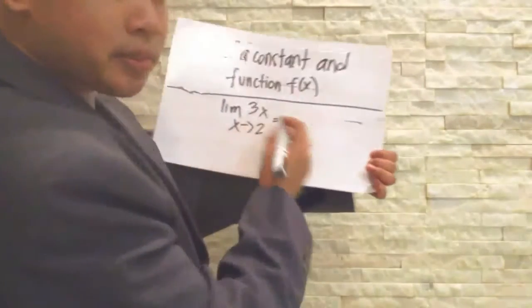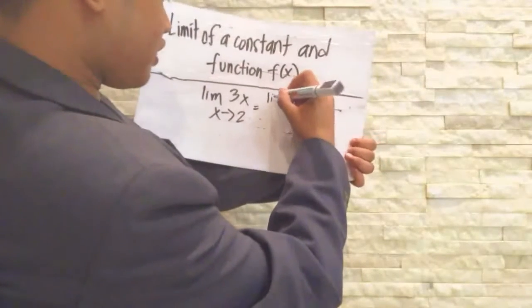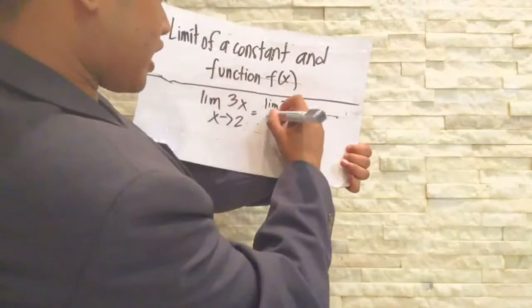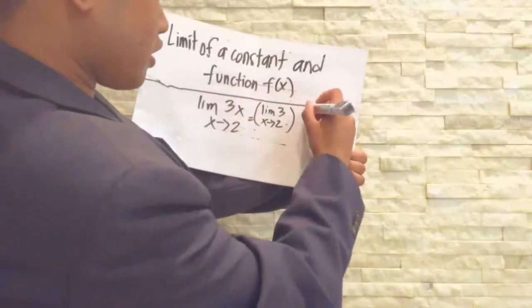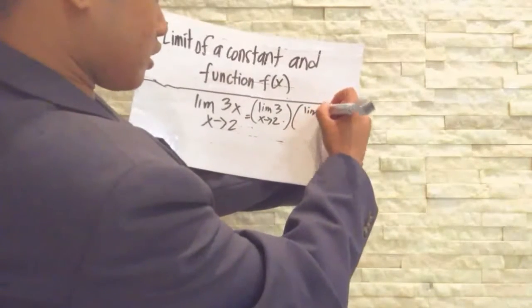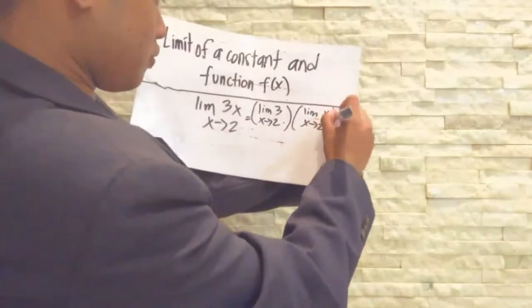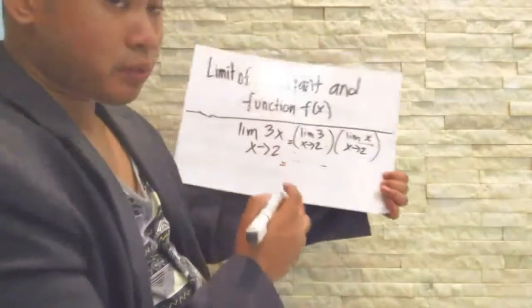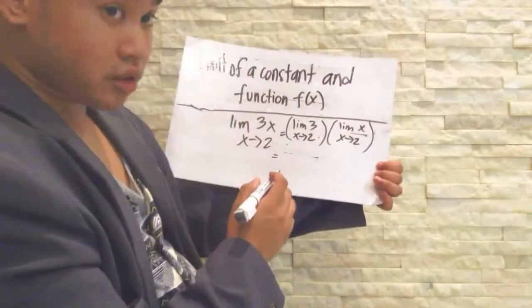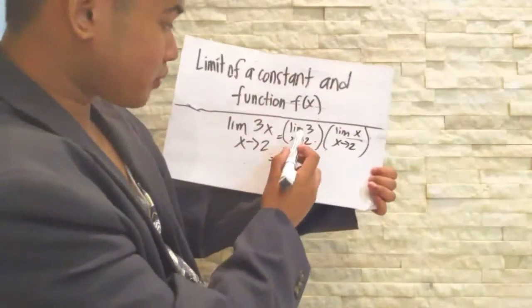First, we will separate the two terms. Limit of 3 as x approaches 2 and limit of x as x approaches 2. Now, we will apply the first rule here, limit of constant theorem.